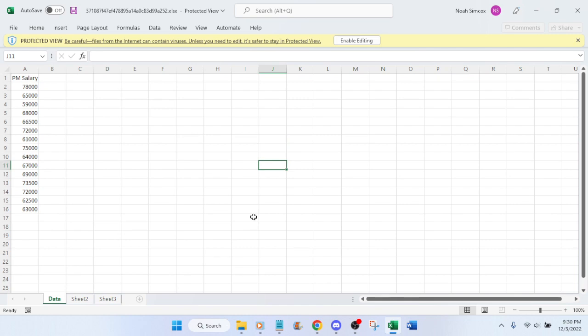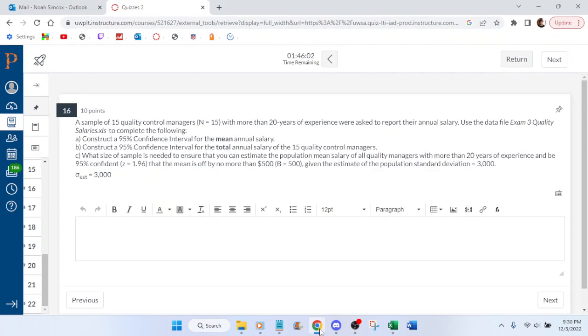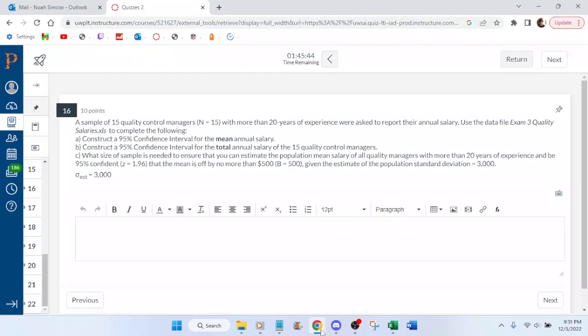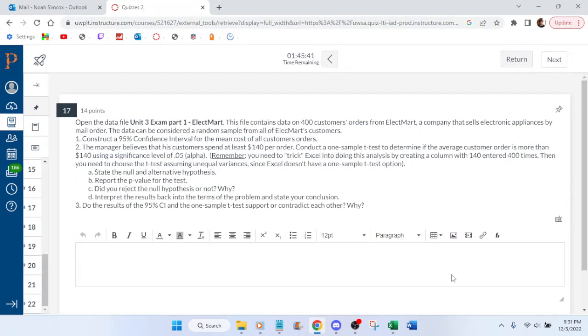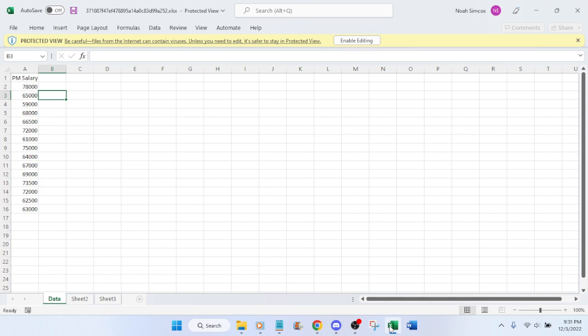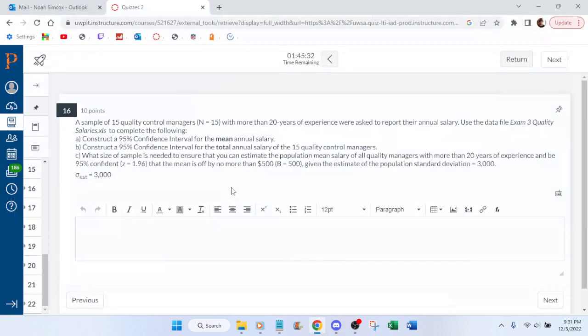PM salary. Is that it? I don't know. 15? This has got to be it, right? There's 15 of these. This has to be it. I'm going to say this is question 16. So I'm going to say this is number 16.